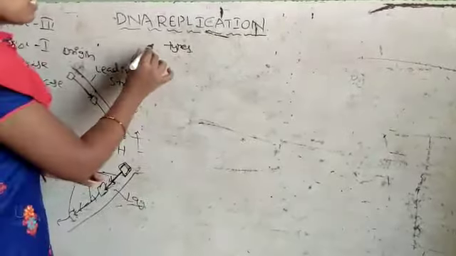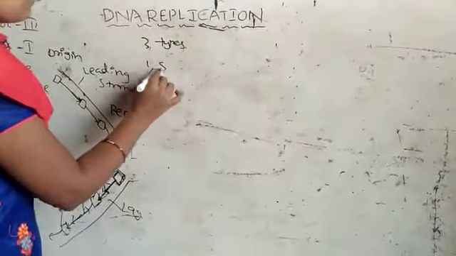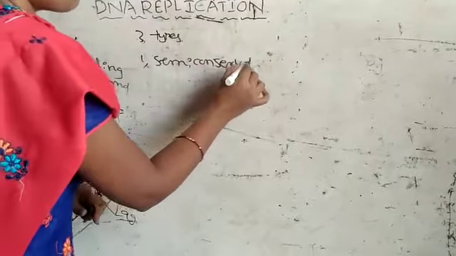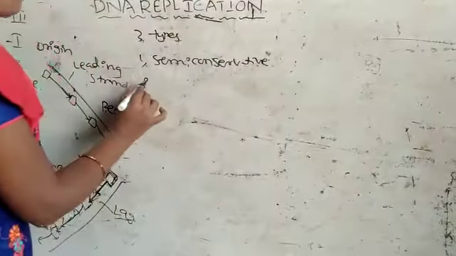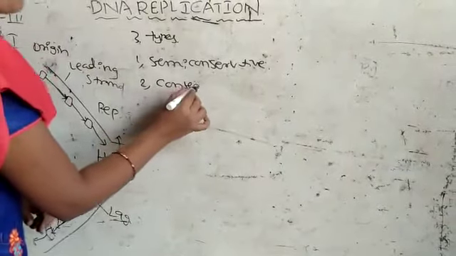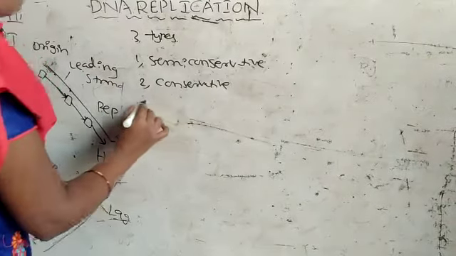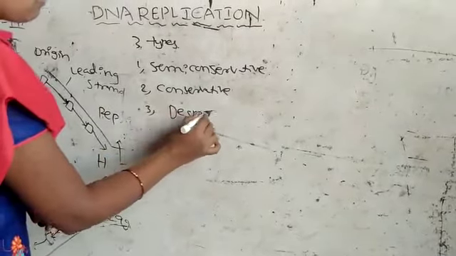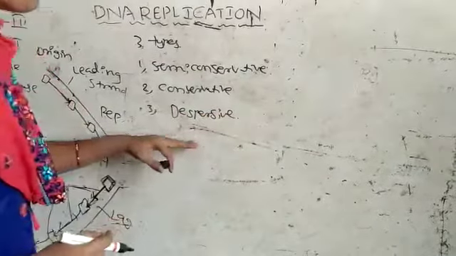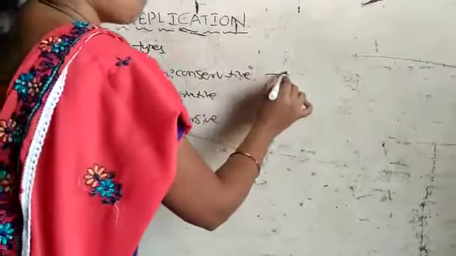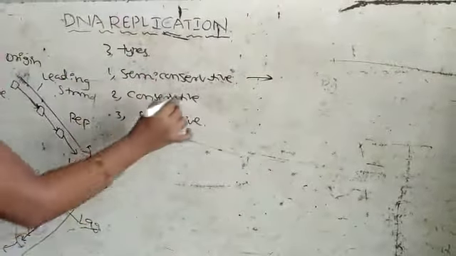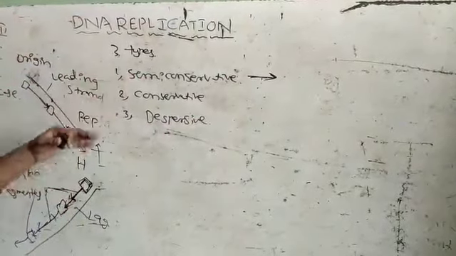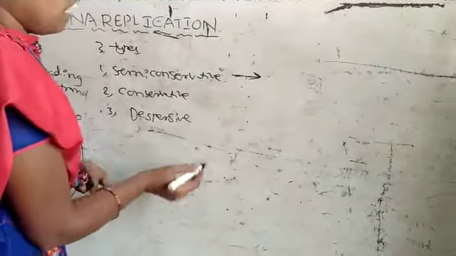DNA replication has three types. The first one is the semi-conservative mechanism, the second one is the conservative mechanism, and the third one is the dispersive mechanism. Watson and Crick first proposed the semi-conservative mechanism in their double helix structure.